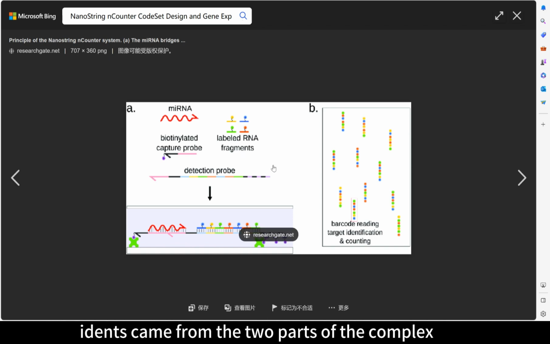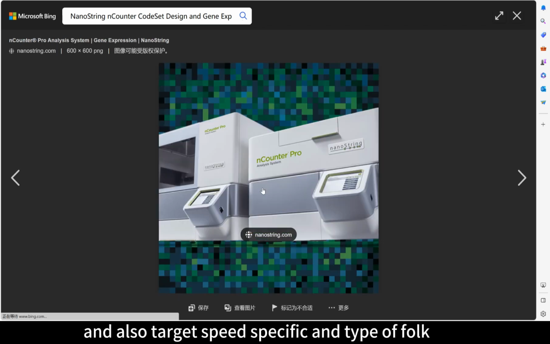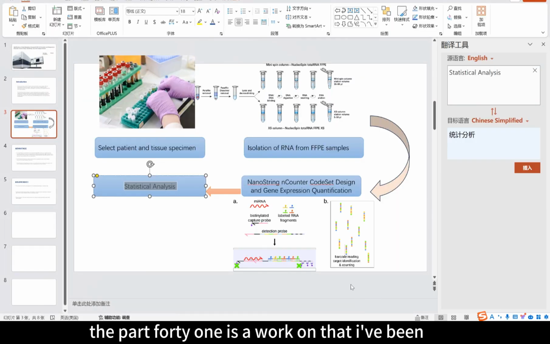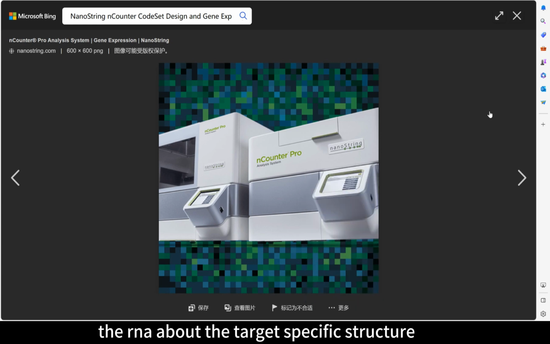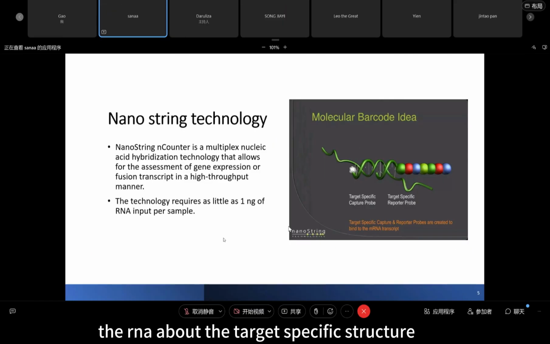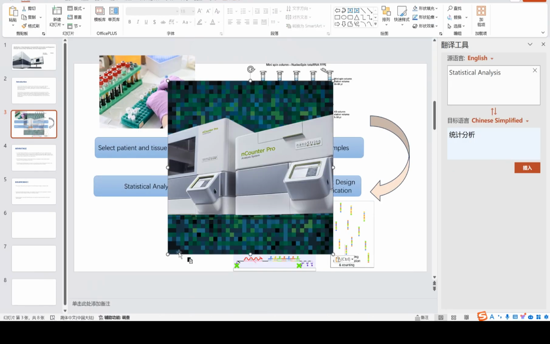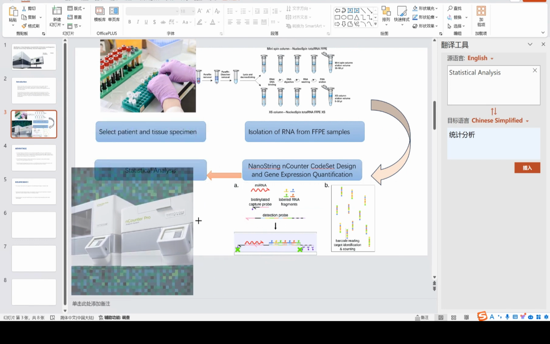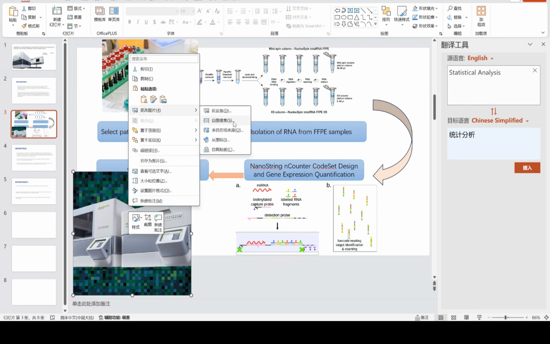The barcode idea comes from two parts of the complex: the target specific reporter probe and the target specific capture probe. The barcode works on identifying the specific gene of the RNA, while the target specific capture probe is bound with biotin that helps with the imaging steps in the nanostring technology. Nanostring technology steps: first, we have the capture probe and reporter probe.